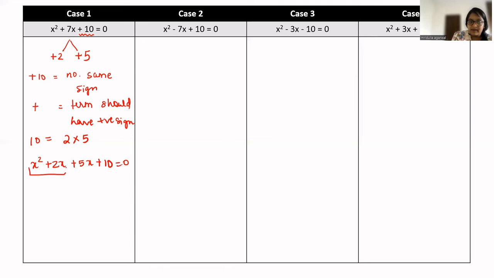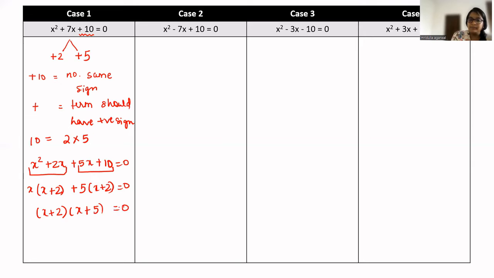Now I'll pair them: I'll pair these two together and these two together. As you can see, x is common, so I'll take x outside. Here it is x plus 2. The same I should get over here, so I'll write x plus 2. From this term, x is already taken out, so I'll write 5. So the two brackets are x plus 2 and x plus 5.